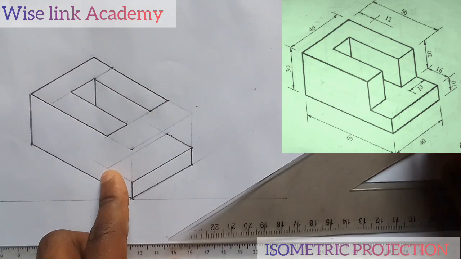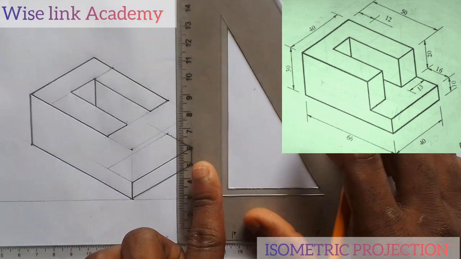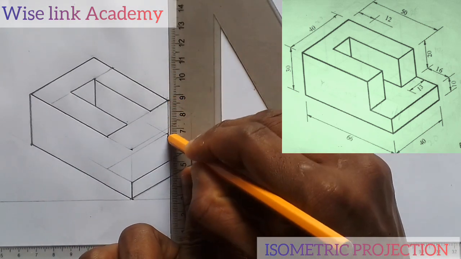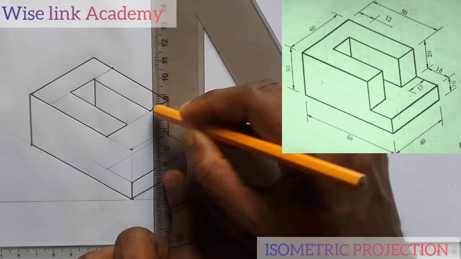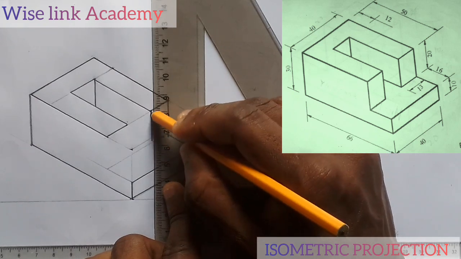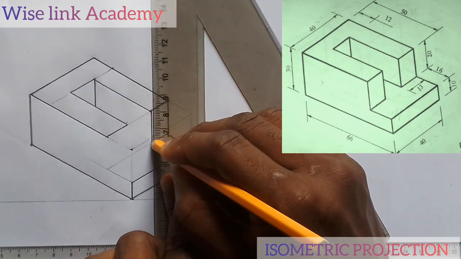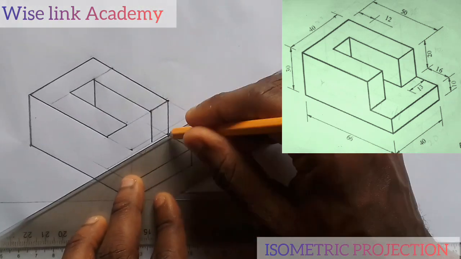This point here. Right? So having done that, I will take this point here to meet this, also this to meet this, also this to meet this, so that I'll close it up this way.